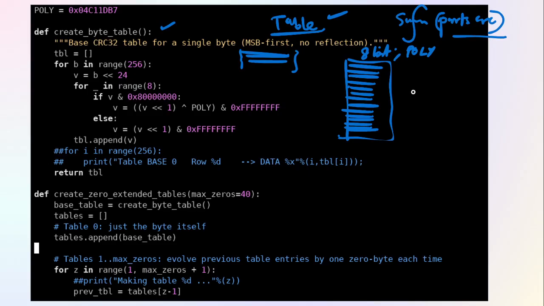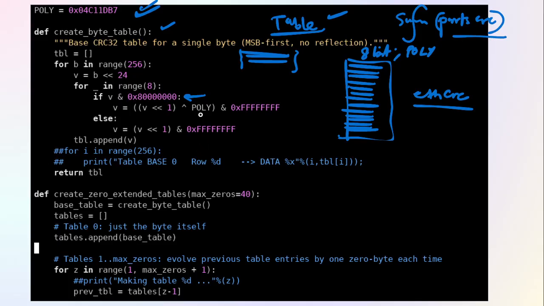This is CRC32. So we are assuming the standard Ethernet CRC, and you can check the poly here. Like I said, the most valuable thing is the uppermost bit. This checks that the uppermost bit of the word is 1.